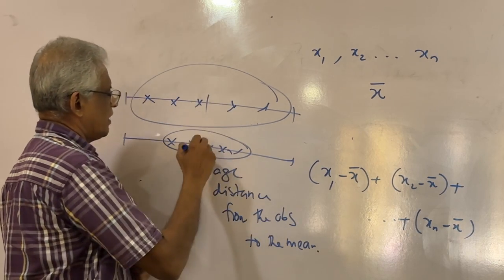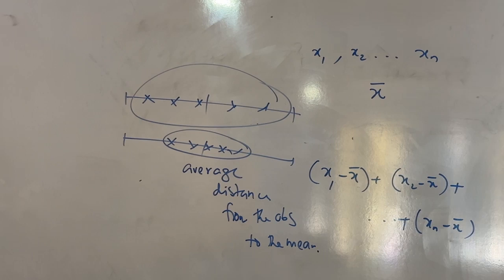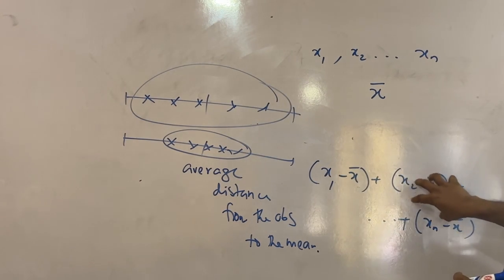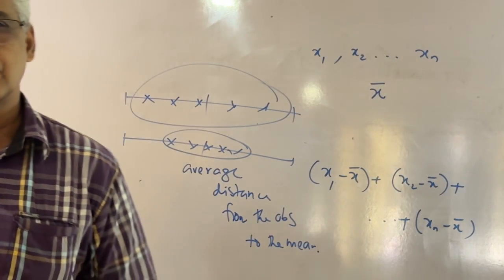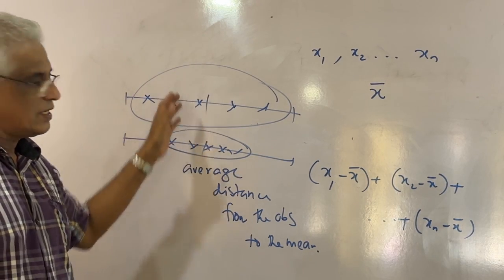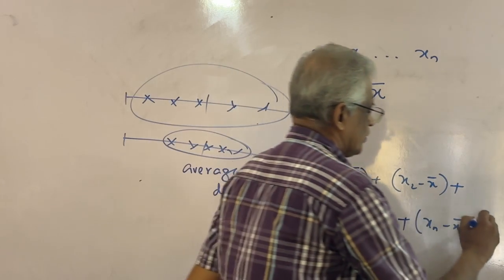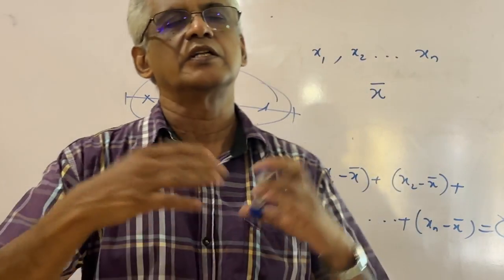The mean will be somewhere here. But can we get two numbers, a large number for this data set and a small number for this data set, if we use this measure? No. You cannot get it. No matter what the actual spread is, this is always zero. So it doesn't give you any idea about the actual dispersion, the spread.